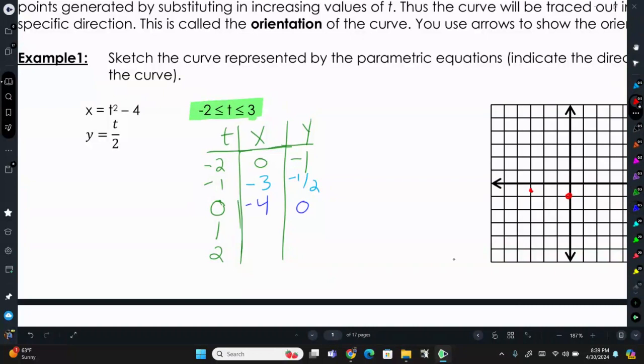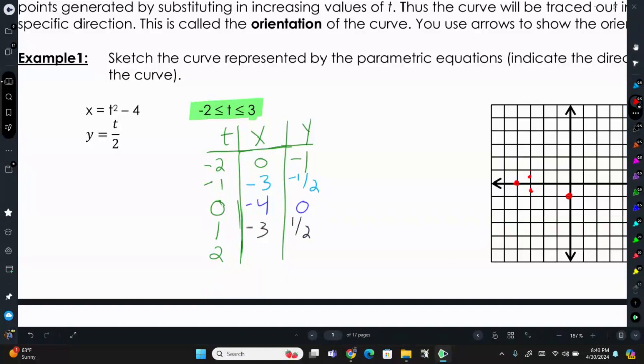So negative 4, comma, 0. It looks like we're going to the left here, but now when we substitute in positive 1, 1 squared is 1 minus 4 is negative 3, and for y we get 1/2. So we have negative 3, comma, 1/2.